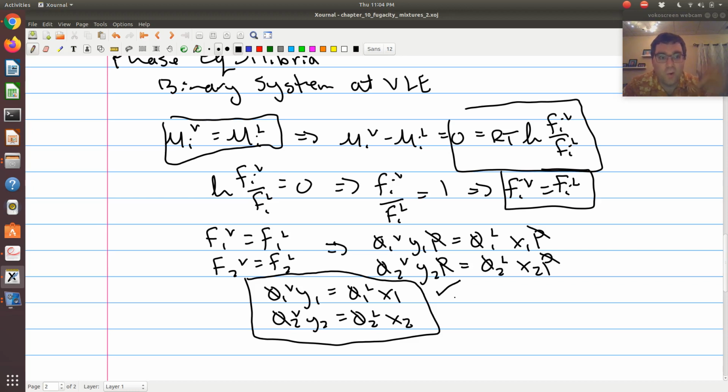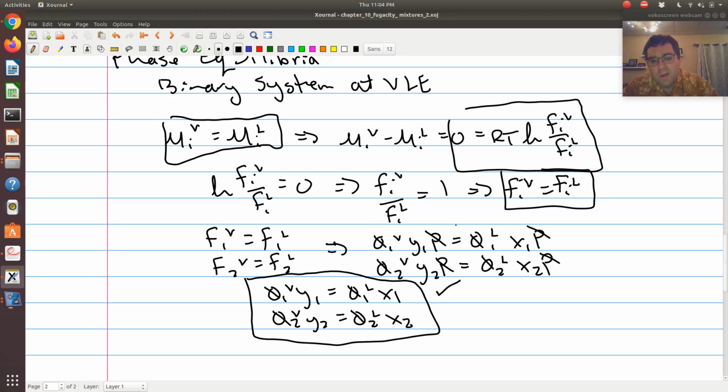And a spoiler alert as we move ahead: this is always going to be the case in general, but what typically happens is performing our expansion of our vapor phase fugacity in this way is the approach we'll take, right? So here we're essentially taking our idealized state to be an ideal gas. This is a correction factor accounting for deviations from ideal gas behavior. It's related to my partial molar residual Gibbs free energy.